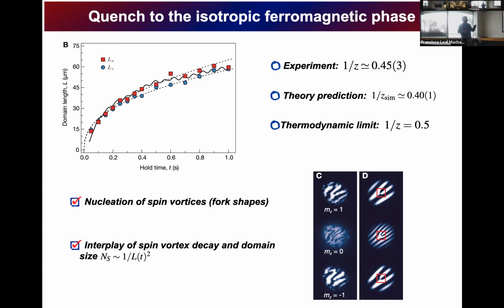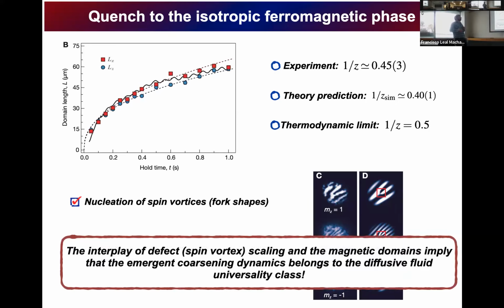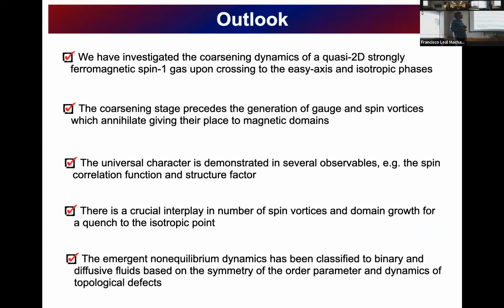This is very important because this gives rise to diffusive dynamics, and then our universality class changes to a diffusive fluid dynamics. Okay, so with this, I would like to wrap up.